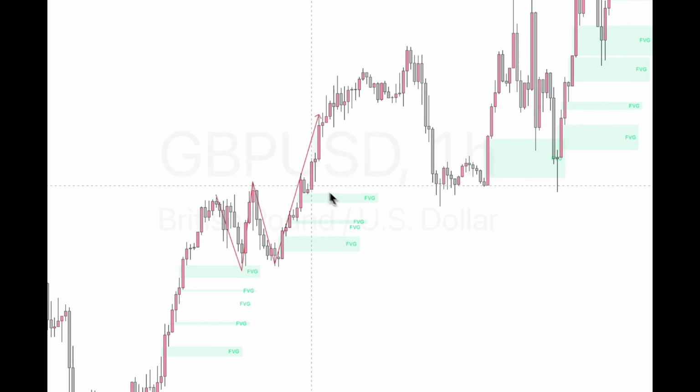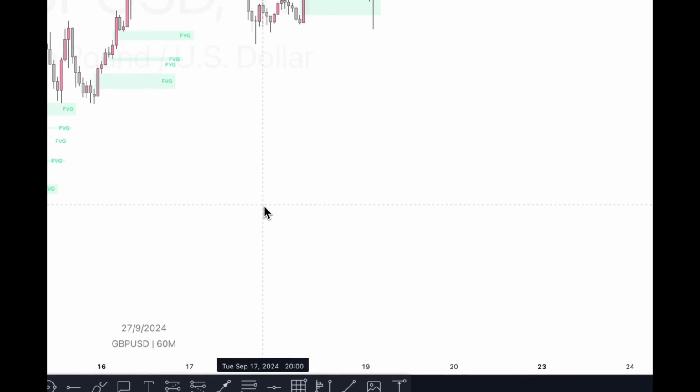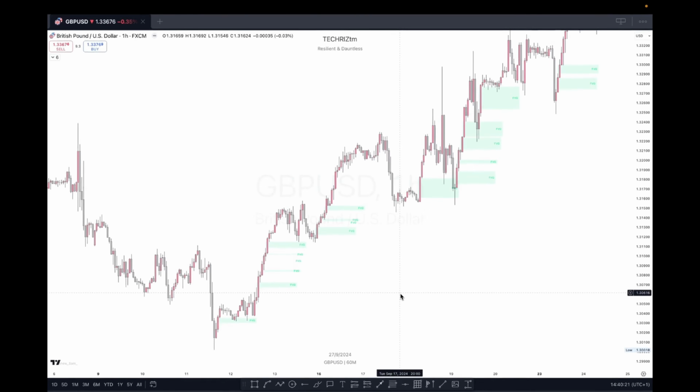Automatically, price breaking that high has created a continuation shift and price is going to react from any other block that is available at that point, right? So price reacted from one of these FVGs here, right? I don't know where, but one of it.